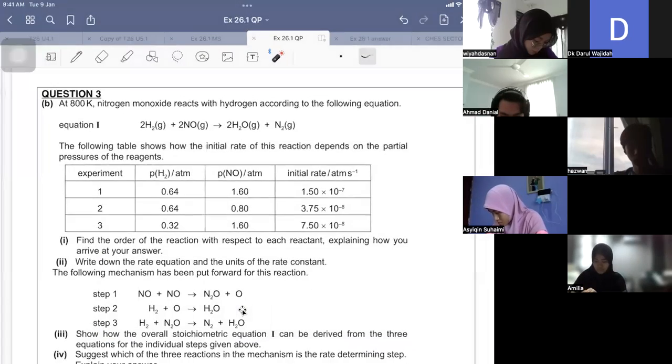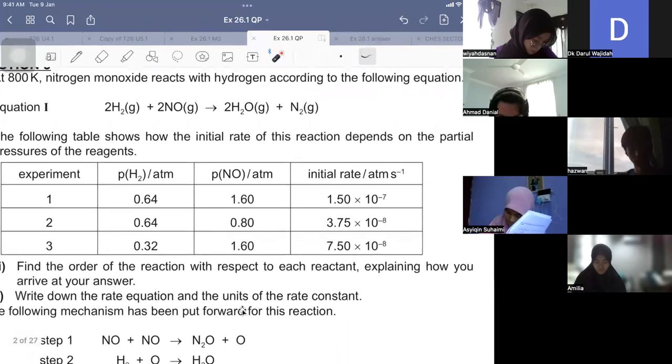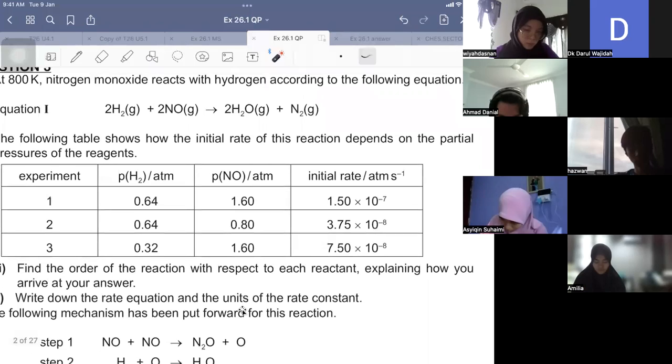Okay, so question 3, hydrogen with nitrogen monoxide to form water and nitrogen, and then the results are given to you. This time, however, I want to point out, instead of using concentration in mole per dm cube, we are using partial pressure.